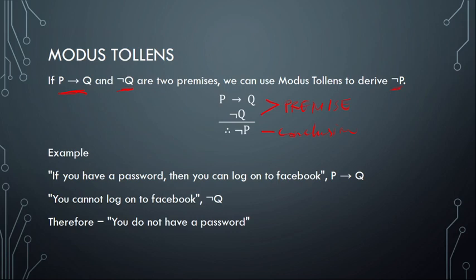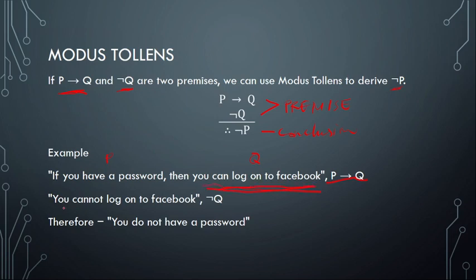So, an example, if you have a password, so again, this is P, the proposition. So, if you have a password, then you can log into Facebook. Then not Q man. Not Q is just the negation of this. I-negate lang nimo ni siya.